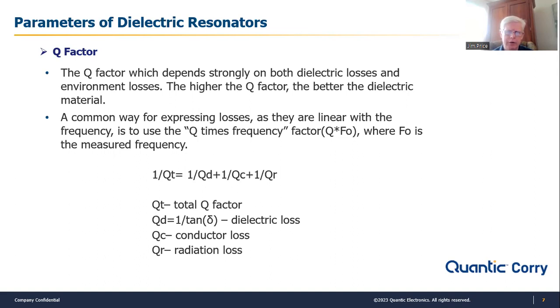The conductivity of the metal is worse, has a much higher loss than the loss of the dielectric material itself. So that hurts you. And then the other thing that hurts you is any kind of radiative losses that you would have. If in a metal rod, when that resonates, it radiates quite a bit out off of the rod, and you have radiative losses when you have metal rods.